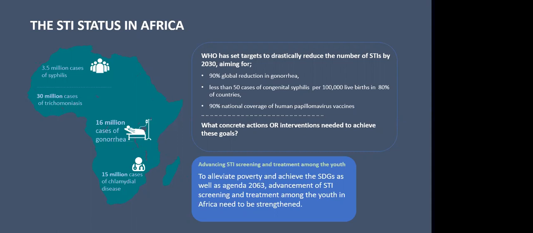But also apart from that, there has been a bit of laxity in matters related to health education and services.